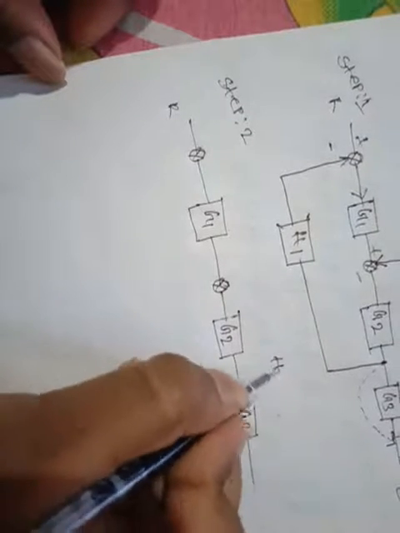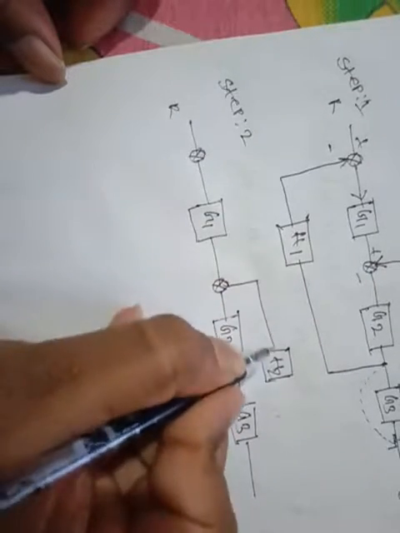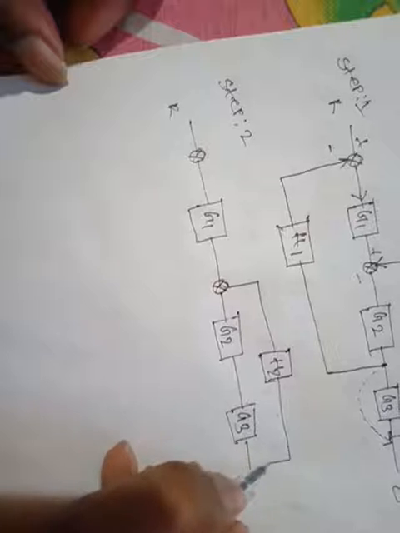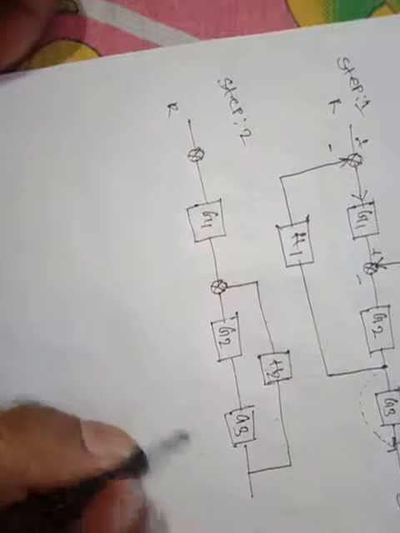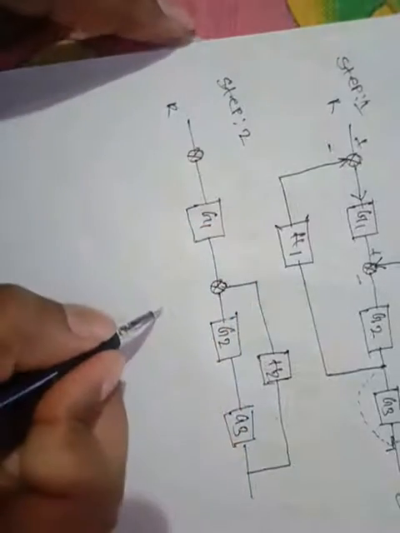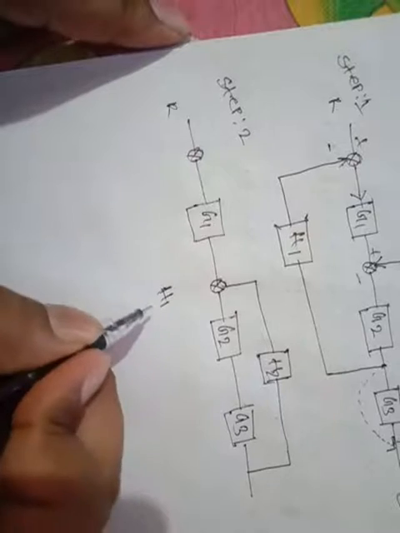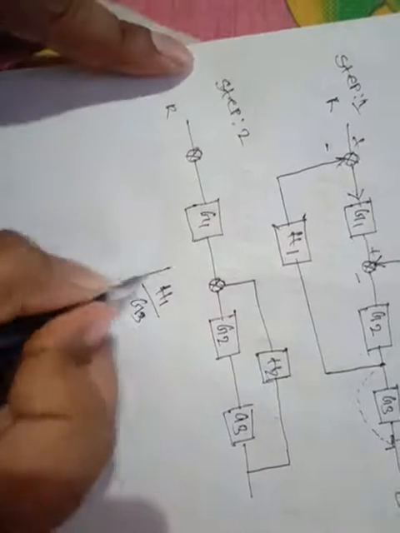The H2 feedback element is connected to here. The feedback element is divided by the transfer function G3.